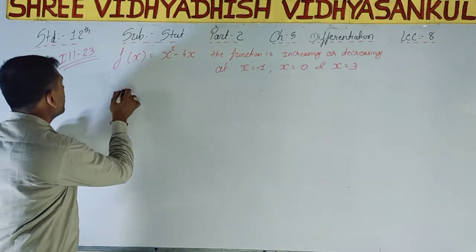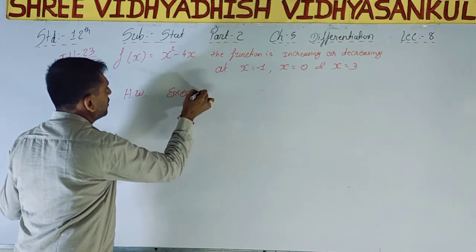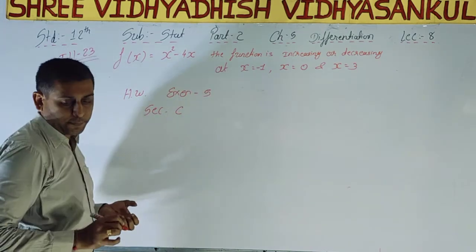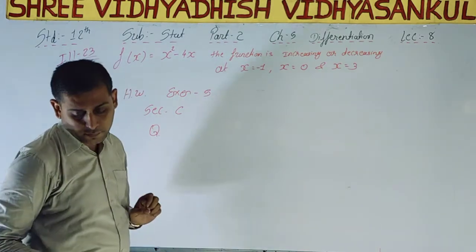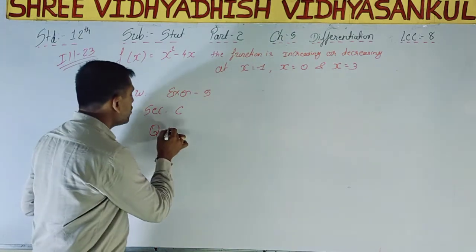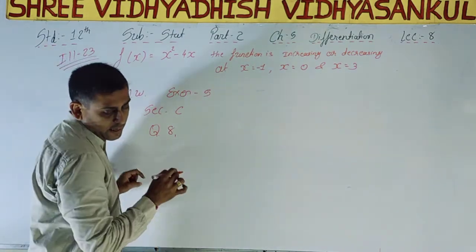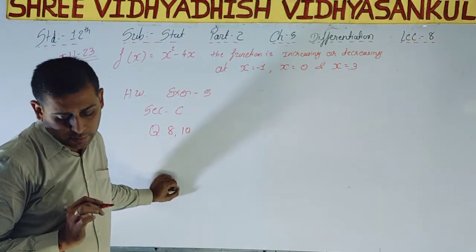Your homework for this lecture is exercise 5, section C. Question number 8 is your second derivative question. Question number 10, again second derivative, and the value at 0 you have to find out, right?